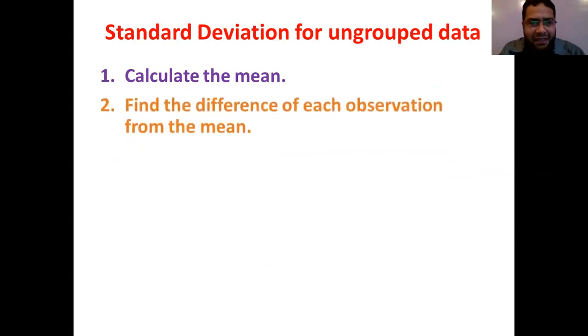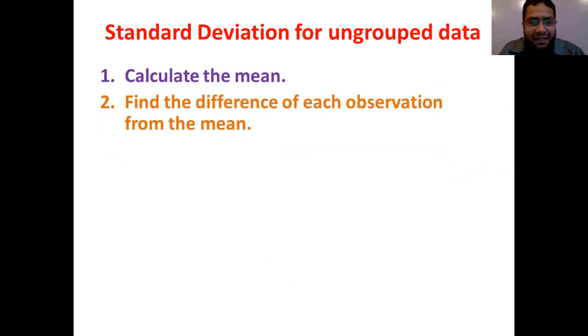First we will look at how we calculate standard deviation for ungrouped data. There are 6 steps to follow. The first is to calculate the mean of the data. Second, find the difference of each observation from this mean.